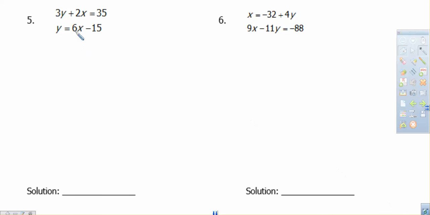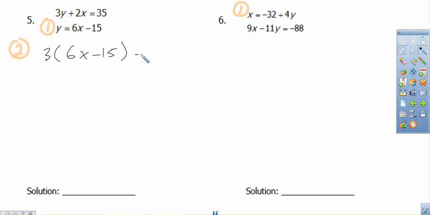Number 5, let's go ahead and pick that first equation, y equals 6x minus 15. In fact, on number 6, it's going to be that first equation right there. So, step 2, replace every y with that setup right there, 6x minus 15. So 3 times 6x minus 15 plus 2x equals 35.